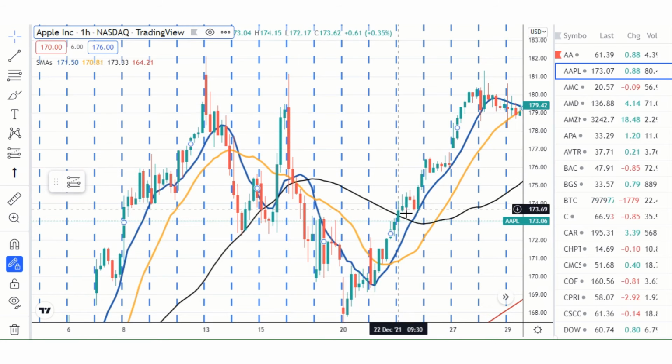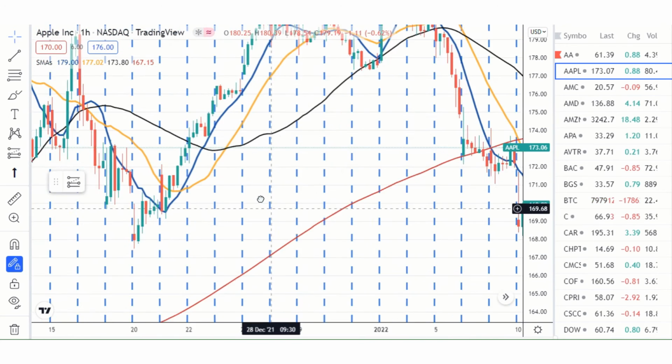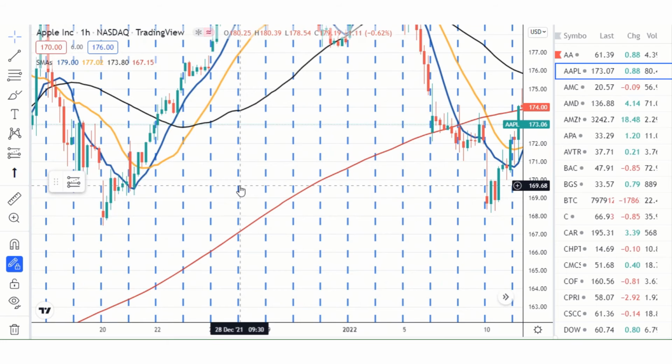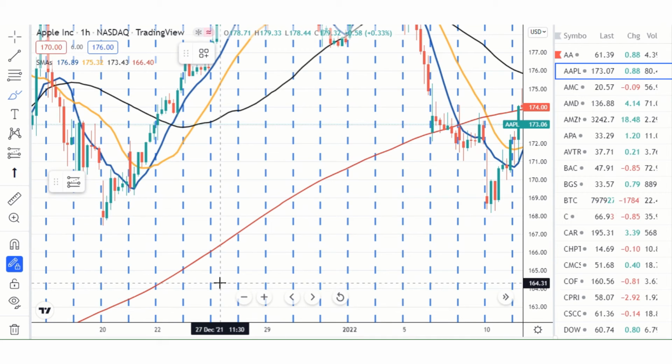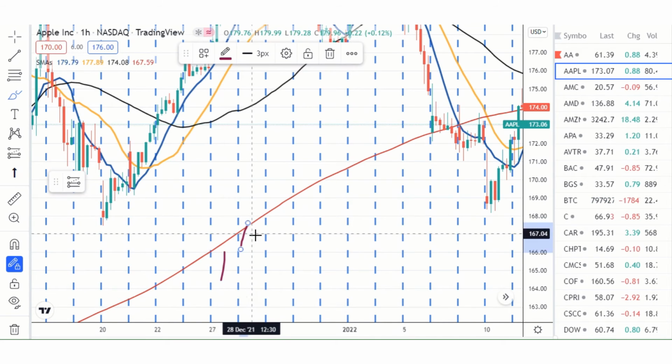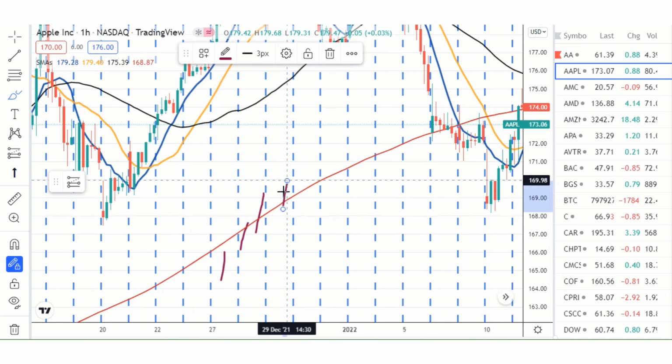Then there's the shooting star. That's another one of my favorites, and they're all kind of similar: the shooting star, the evening star, the hanging man. I'm going to draw it for you over here. You would see a series of candles, green candles usually, or a combination of green and red, going up.